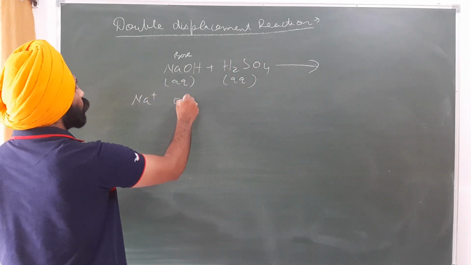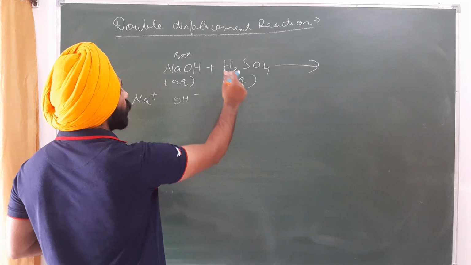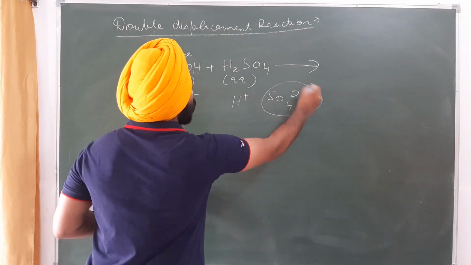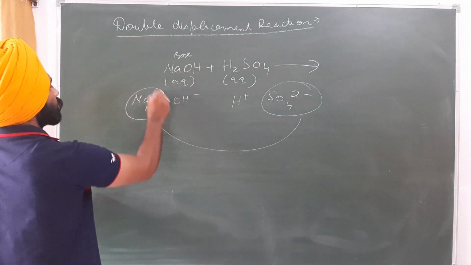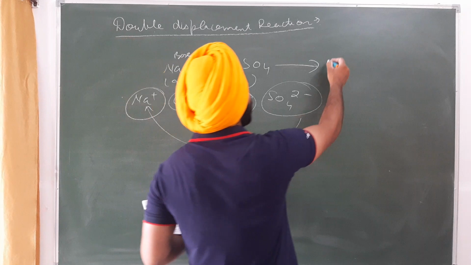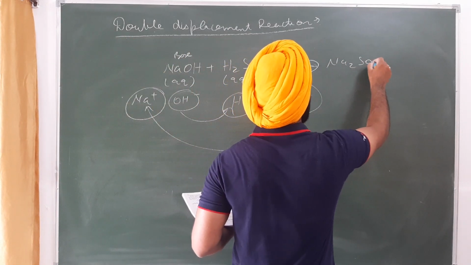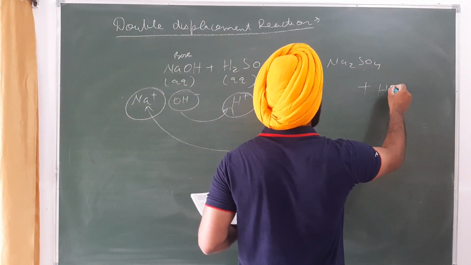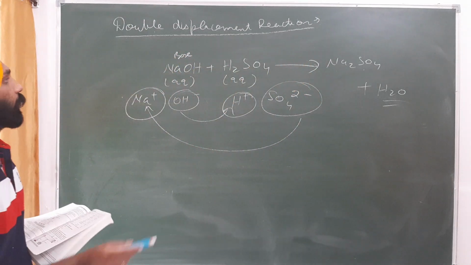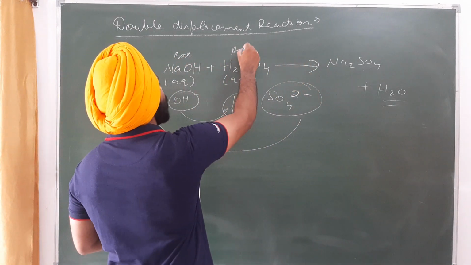Na positive, OH negative, and here H positive and SO4 2 negative. The H will move towards the OH and they will move towards each other, and we will have Na2SO4, sodium sulfate, plus water. Another example of neutralization reaction, in which one is a base and this is an acid.